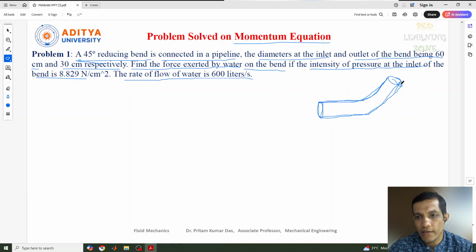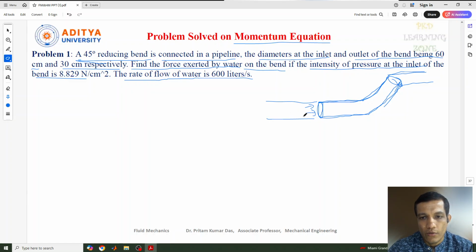Like this, you can draw it. Now, the angle of this reducing bend is given as 45 degree. Suppose this is the inlet condition of the fluid, and this is connected to this pipe. Another pipe is there, connected from here to here like this, the bending pipe. Now this angle is given.